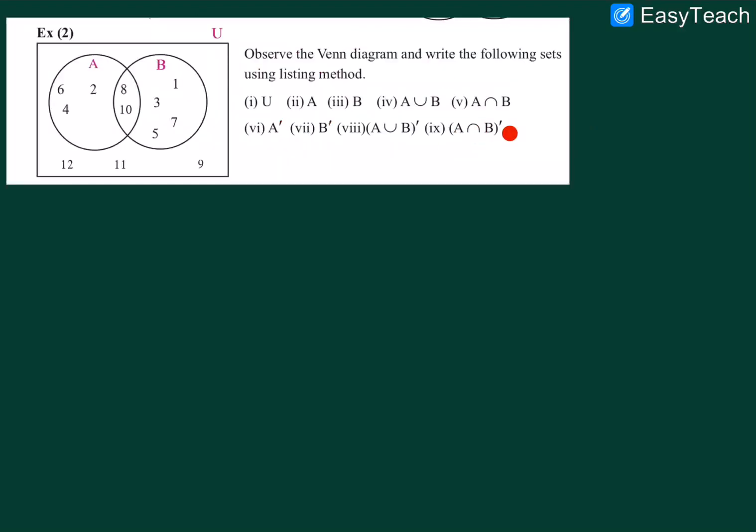At last we have to find (A intersection B) whole complement. So what is A intersection B? A intersection B is the set 8, 10, from the Venn diagram it is clear. So we have to find the complement of this set.